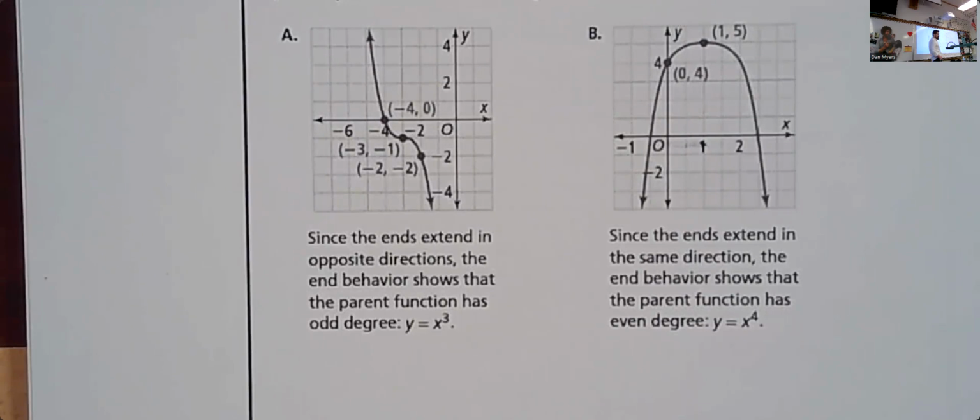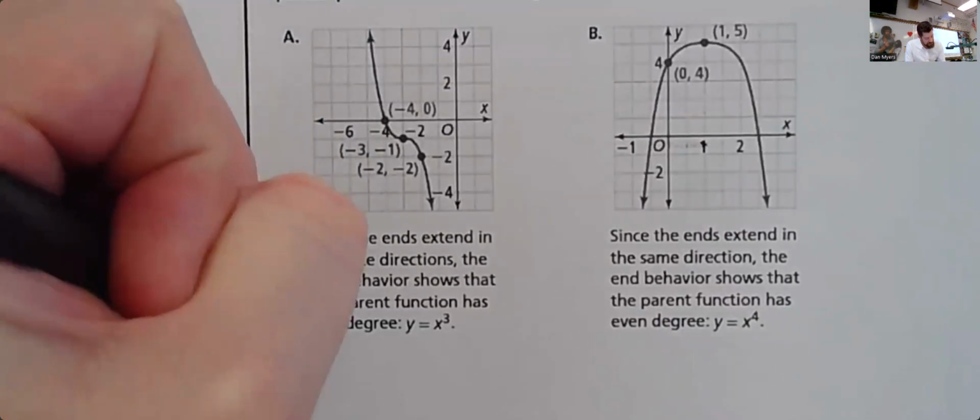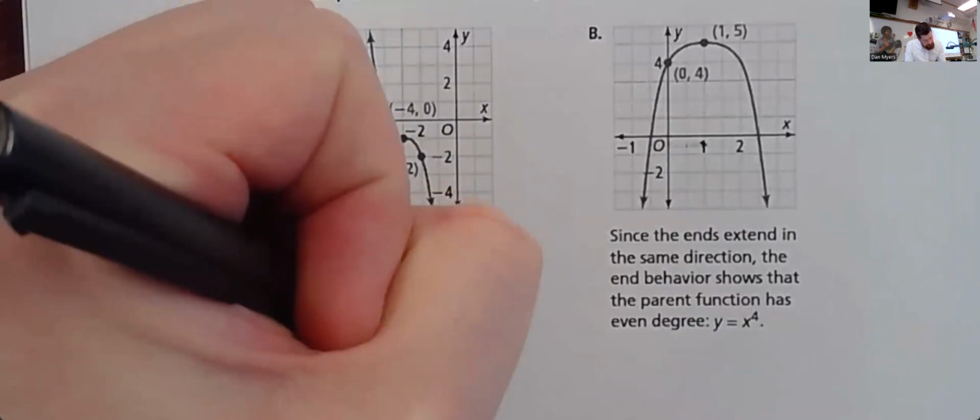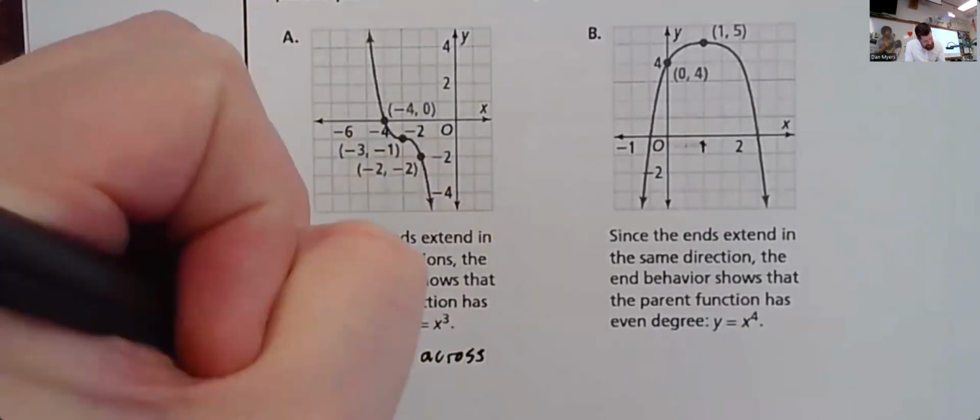So there's a negative lead coefficient, which means it's been reflected across the x-axis. It's been flipped upside down. So there's a reflection across the x-axis. We know that. So let's write that down. Reflection across x-axis.